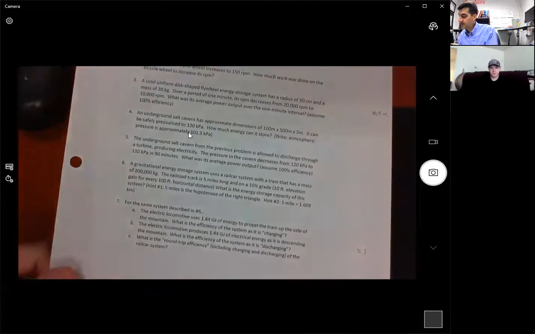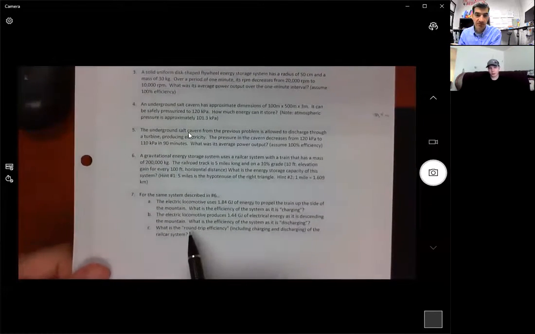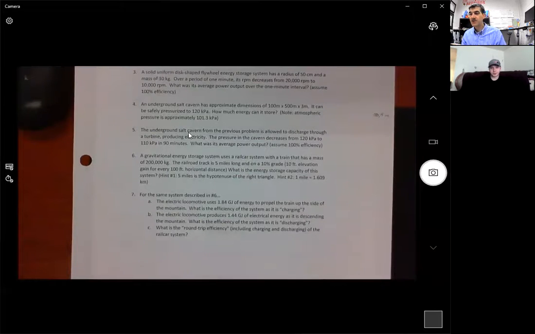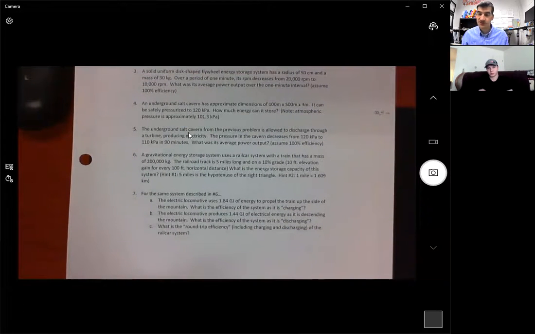And then finally, the very last one, we talk about something called round trip efficiency. So that is the efficiency that you actually get through both charging and discharging. So when I'm charging, I'm putting in electrical energy. When I'm discharging, I'm getting out electrical energy. So what percentage of the part that I put in am I going to get out when I want to discharge the system?